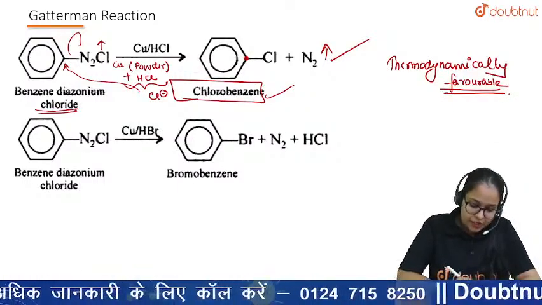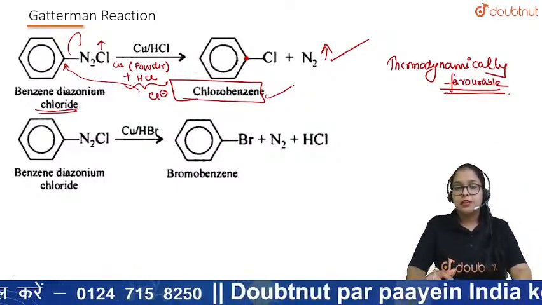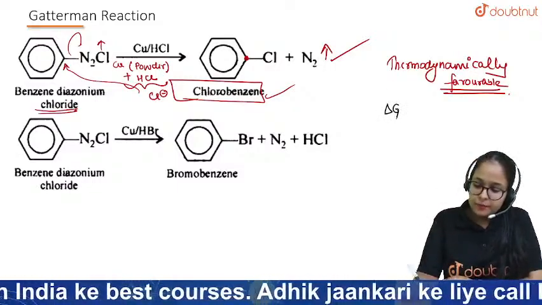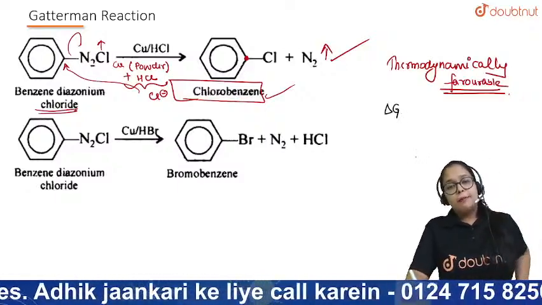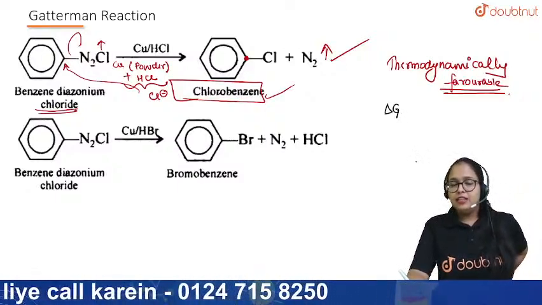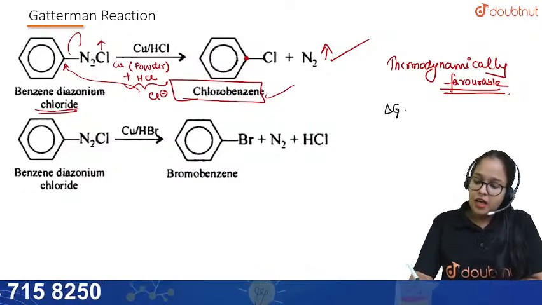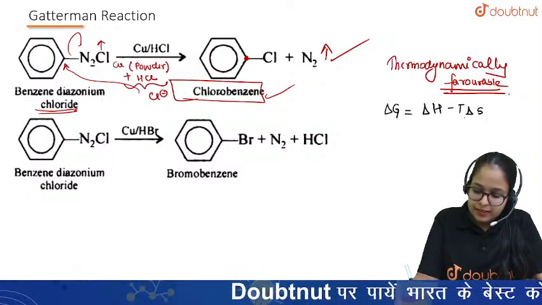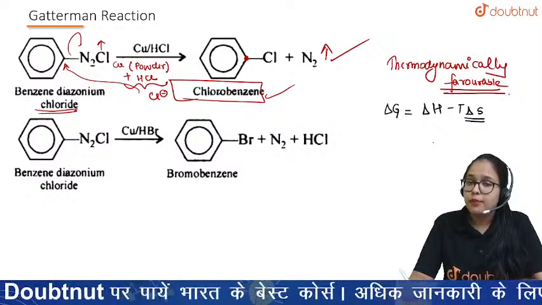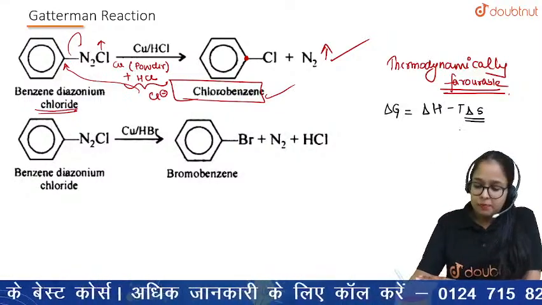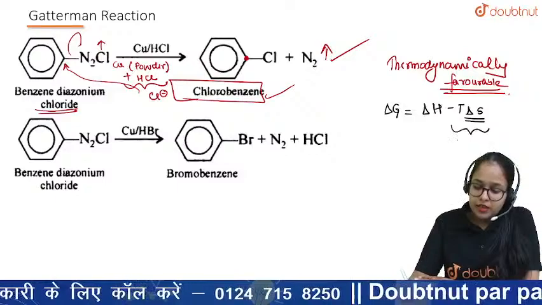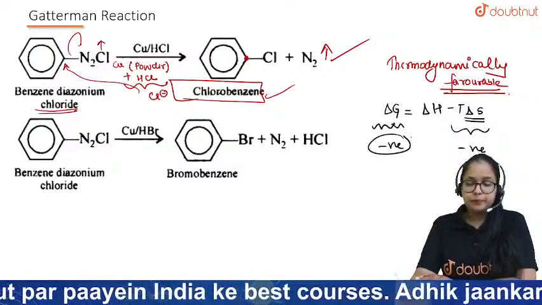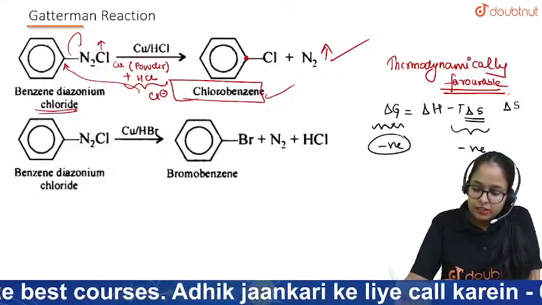You must have gone through the chapter called thermodynamics, and in the third law of thermodynamics you must have seen this equation, delta G is equal to delta H minus T delta S, where delta S was entropy, and whenever a gas is released, entropy increases. This whole part becomes more negative and that leads to a more negative delta G, because release of gas increases entropy.